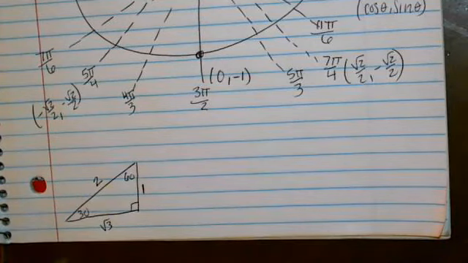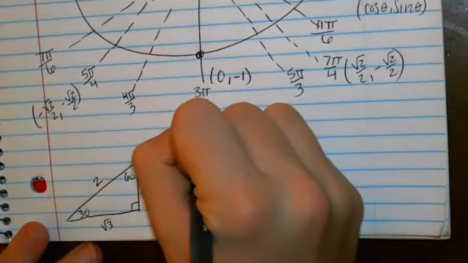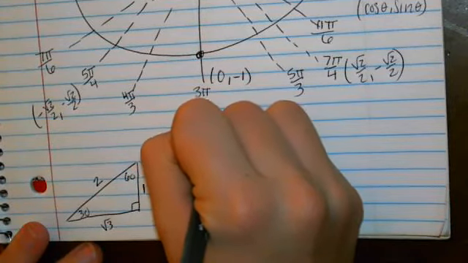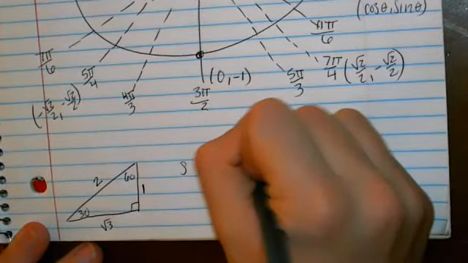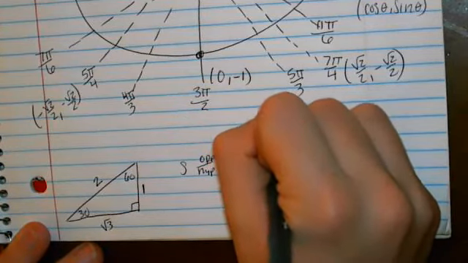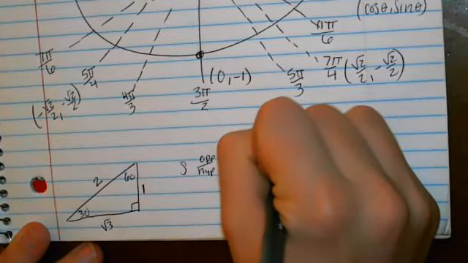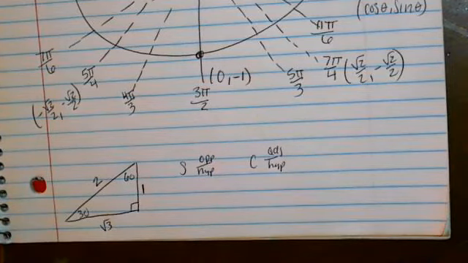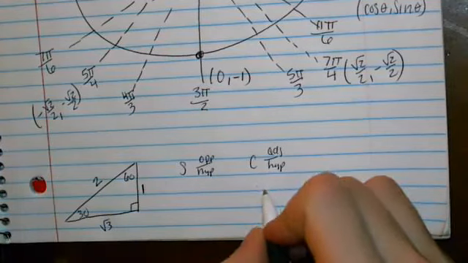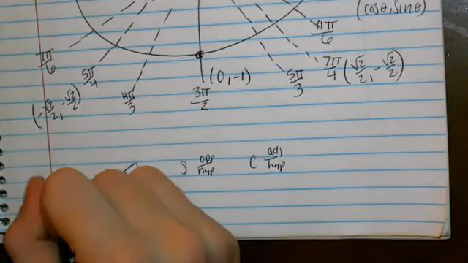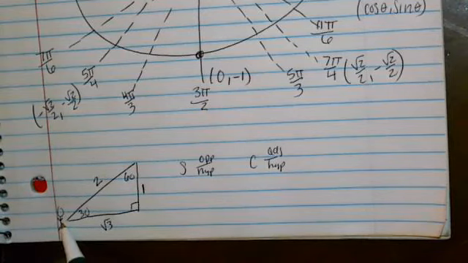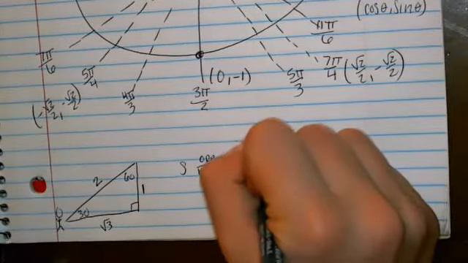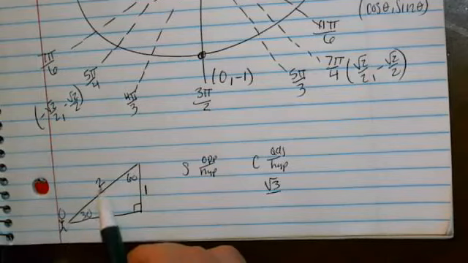Again, we need sine, which is opposite over hypotenuse, and cosine, which is adjacent over hypotenuse. Let's do cosine first, as that comes first. I'm the little guy in this corner. Adjacent to me is root 3, and hypotenuse is 2.